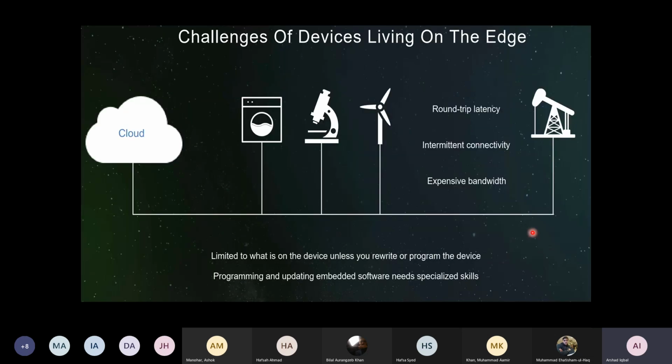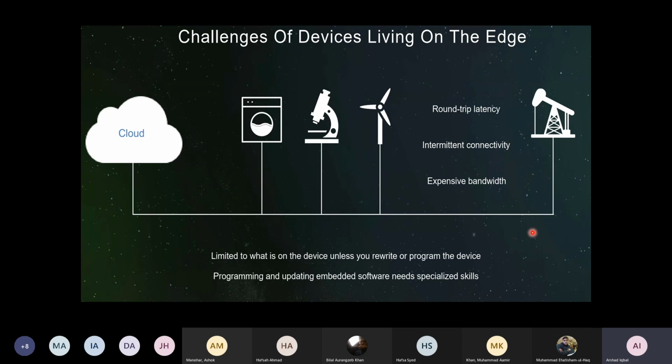There are some certain challenges of devices living in the Internet of Things, like latency, connectivity, and expensive bandwidth. And it is limited to what is on the devices unless you write or program the device again, and programming and updating embedded software needs specialized skills.